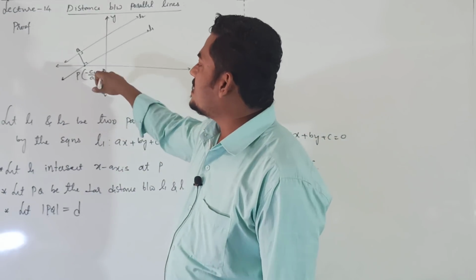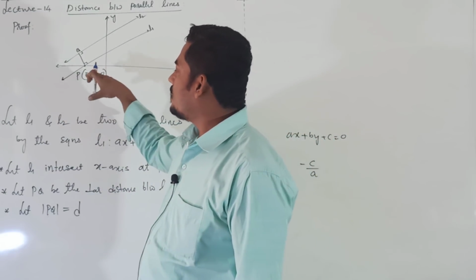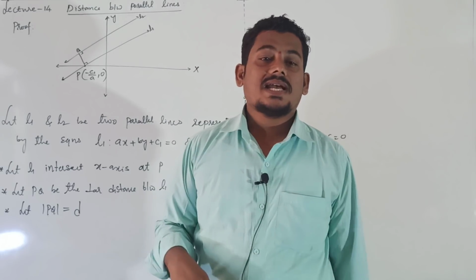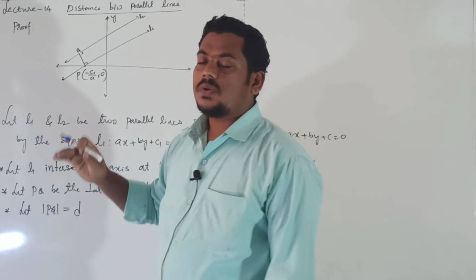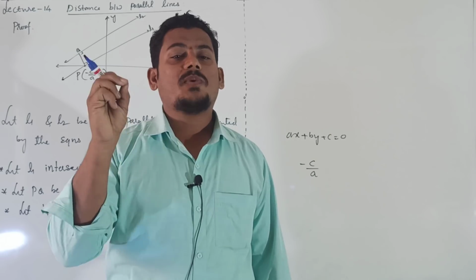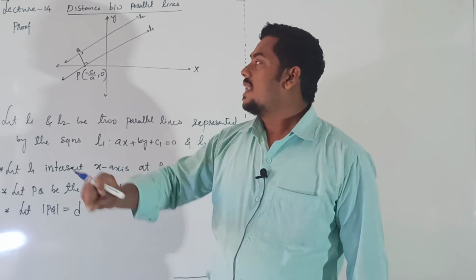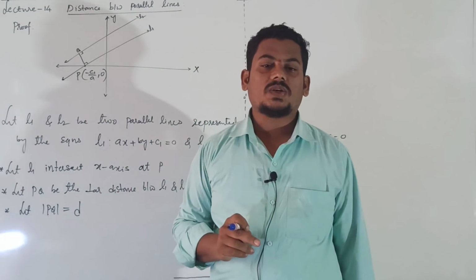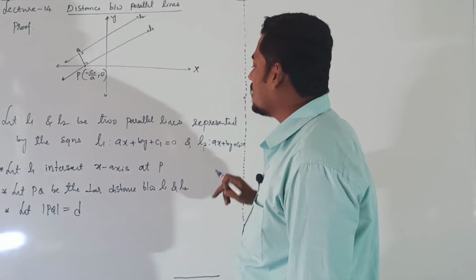After that tell me what is the distance between parallel lines. Distance between L1 and L2 is nothing but the distance of the point P from the line L2.